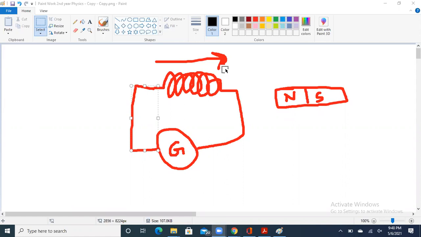So this situation has arisen. Now what is the problem? The magnetic lines of force, which we were considering to be 5 lines, as previously, let's consider 5 lines of force.